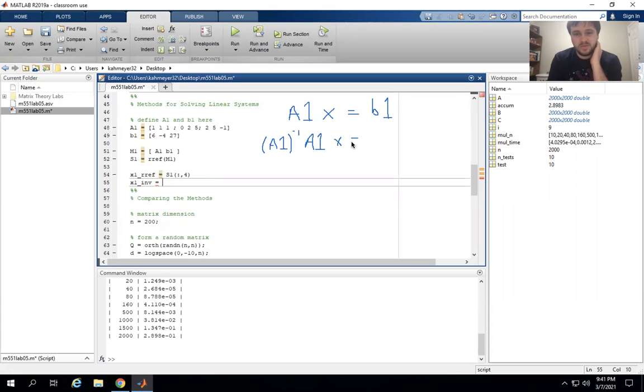X equals, and with matrix multiplication, you need to be very consistent with which side you're applying the multiplication, right? If I multiply the left-hand side by the inverse on the left, I need to also multiply the right-hand side by the inverse on the left, because more often than not, matrix multiplication is not commutative.